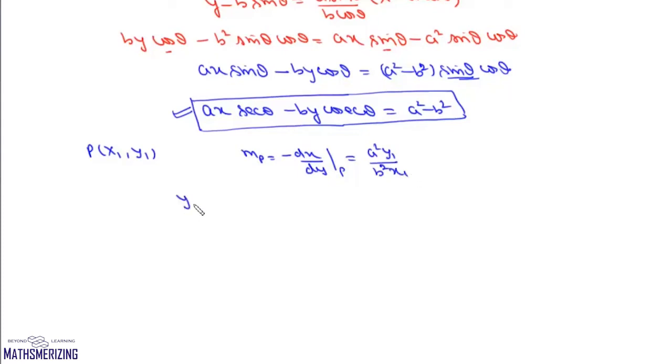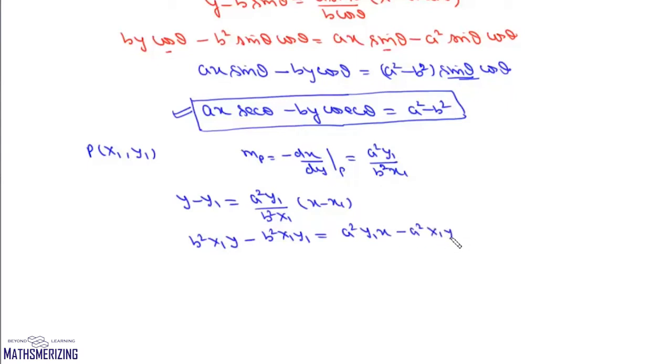Now we can write this equation as y minus y1 equals a square y1 upon b square x1, and then x minus x1. So we'll cross multiply, we'll write b square x1 y minus b square x1 y1, and here it will be a square y1 x minus a square x1 y1.